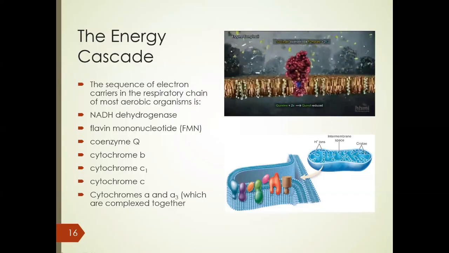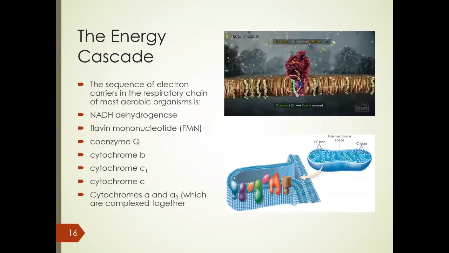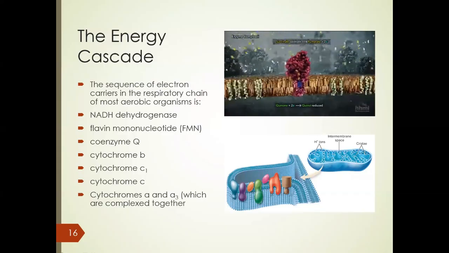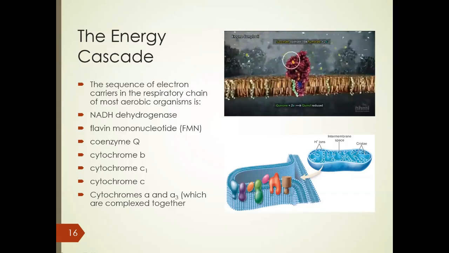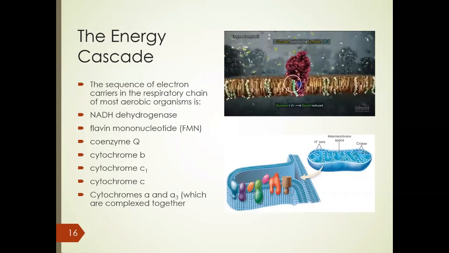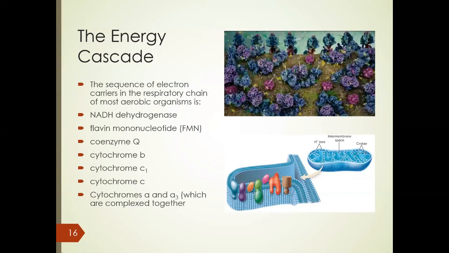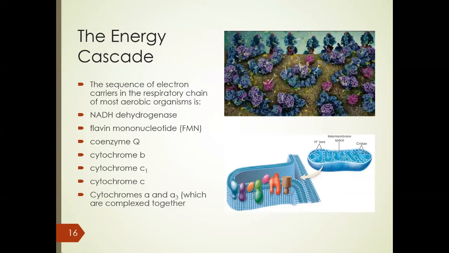Enzyme complex 2 catalyzes oxidation of succinate, releasing 2 electrons, which hop through the enzyme to coenzyme Q, which is reduced. Traveling through the membrane, coenzyme Q carries the electron to enzyme complex 3 of the electron transport chain.